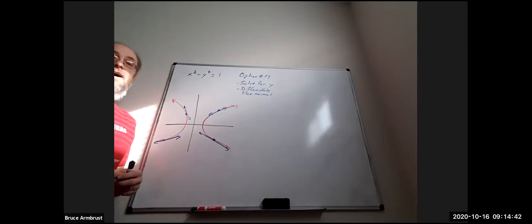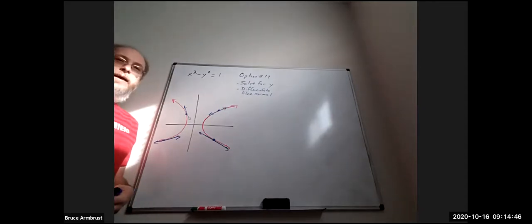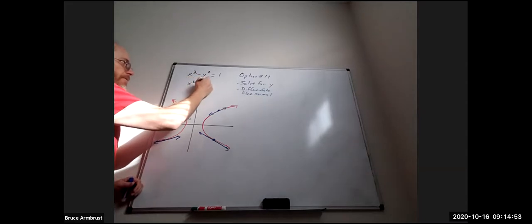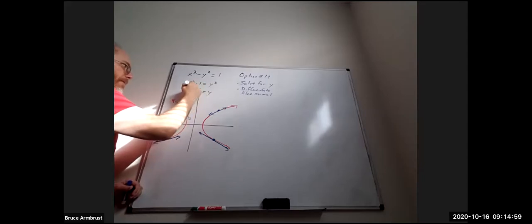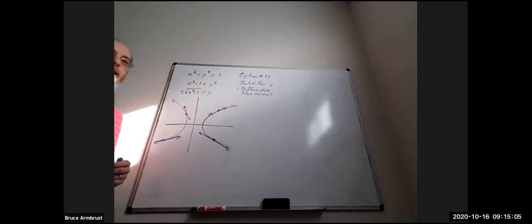Okay, so that's our first option. And you can see for this one, that's actually not that bad if we want to solve this for y. If we move some stuff around, we're going to get x squared minus 1 equals y squared. And at this point, we take a square root. But I am going to remind you that when you take a square root, we got to do a plus or minus.